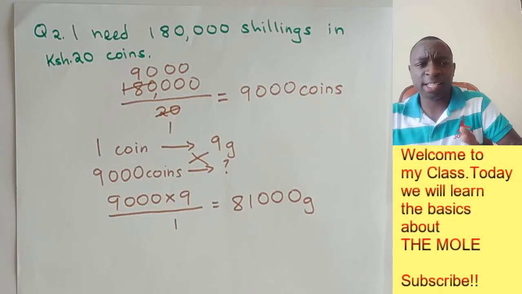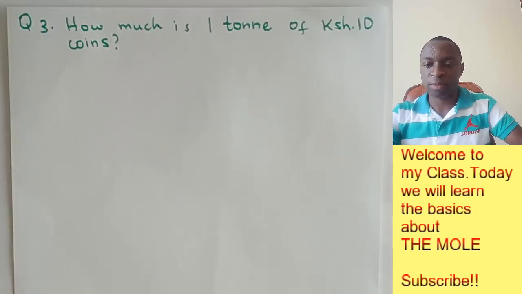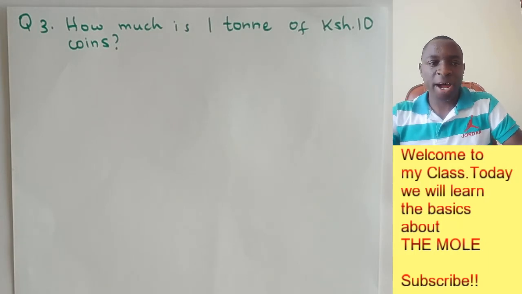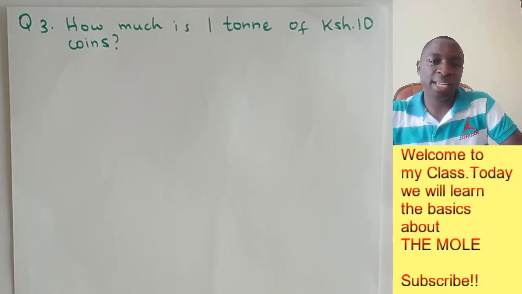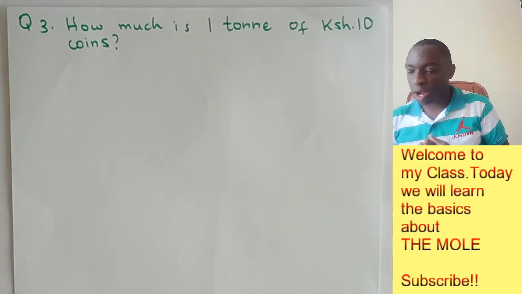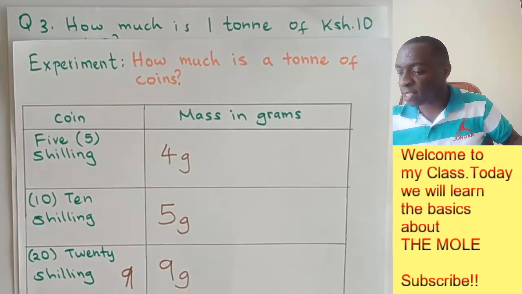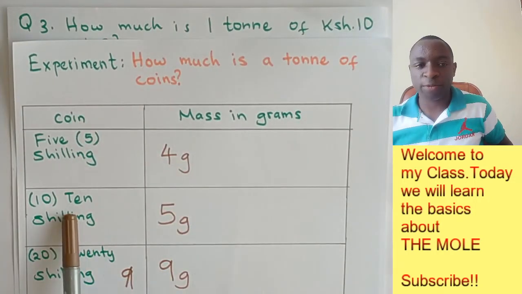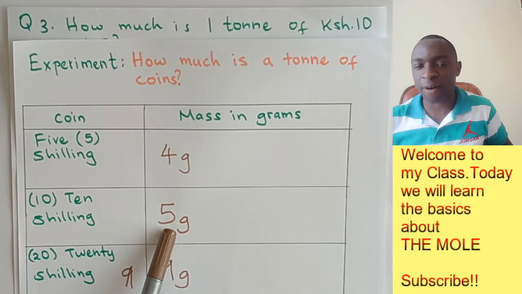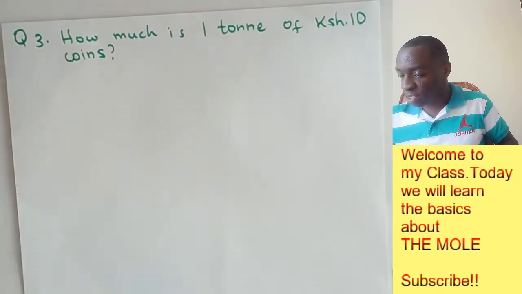So now let us ask ourselves the last question. How much is 1 ton of 10 shilling coins? Now again, we'll come back to our table here, and we'll see that 1 coin of 10 shillings is 5 grams. So how about 1 ton? This is going to be simple.